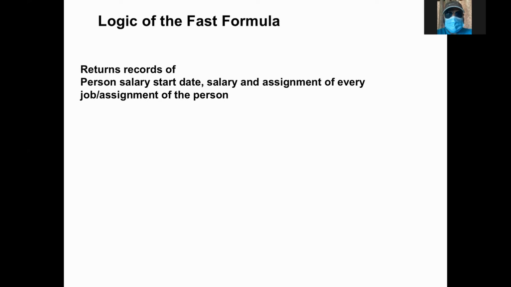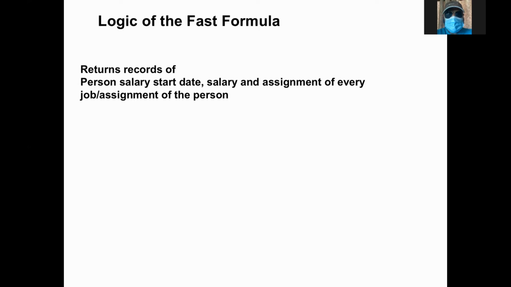In the last example, we used the DBA, which takes all the assignment IDs for a person. Instead of that, it is sending all the valid assignment IDs to you as an array, and with the help of that you can get the salary or all the information related to assignment.